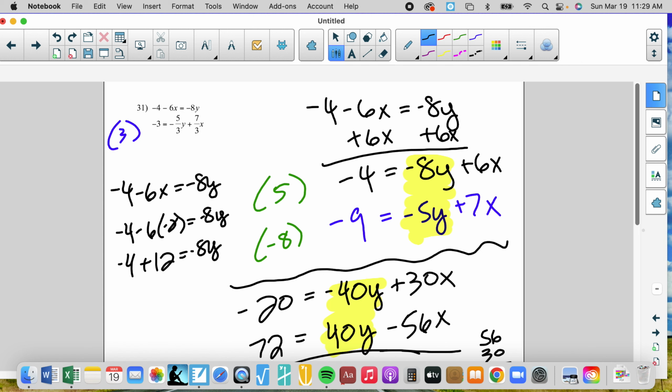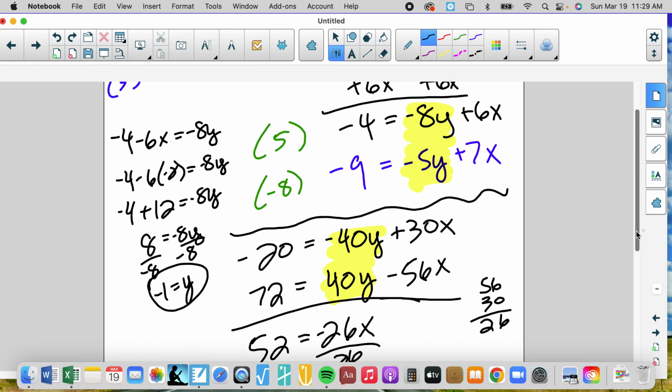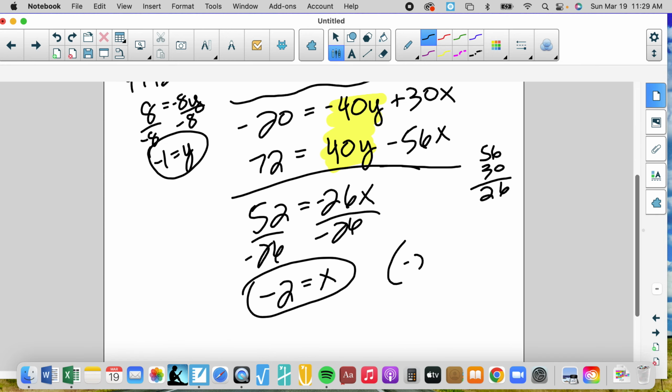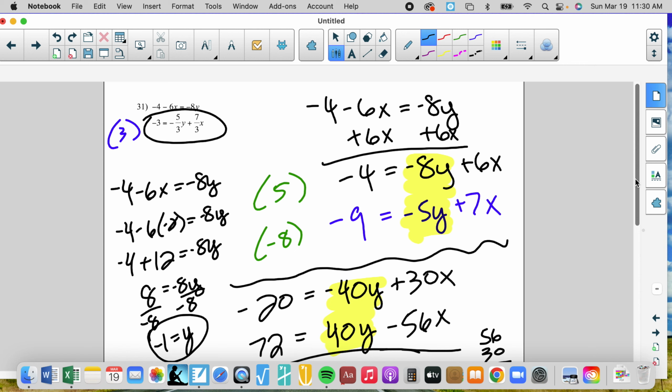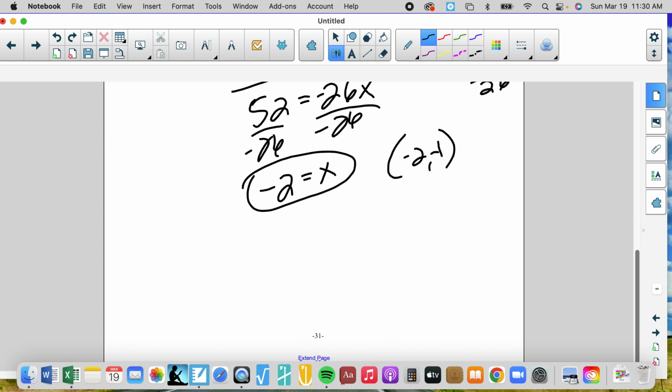That's going to give me 8 equals -8y. Divide by -8. -1 equals y. So my answer is going to be (-2, -1). Let's plug it into this one. We're going to have to check down here.